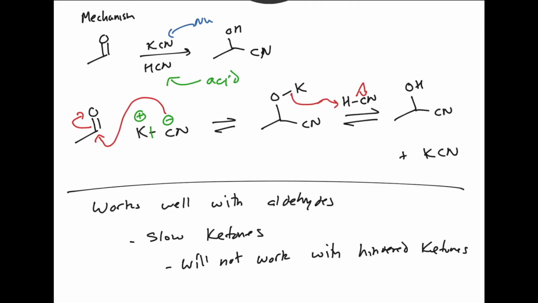All right, so CN minus is a weak nucleophile, right? It's a stronger nucleophile than HCN, but compared to a hydride, an H minus from sodium borohydride, or the negatively charged carbon of a Grignard, CN is not nearly that nucleophilic. So we're kind of right on the edge of these working, right?